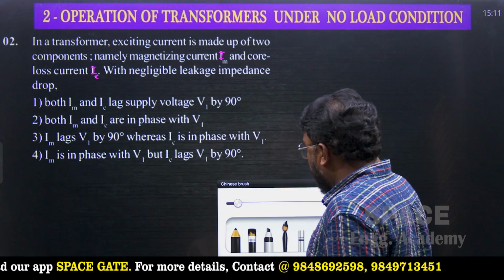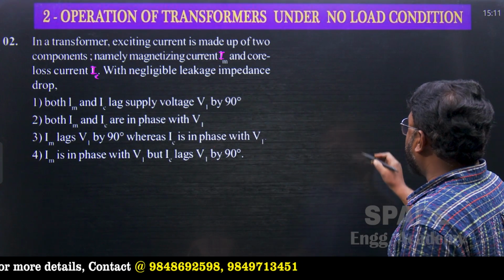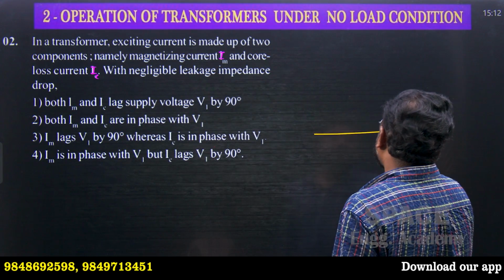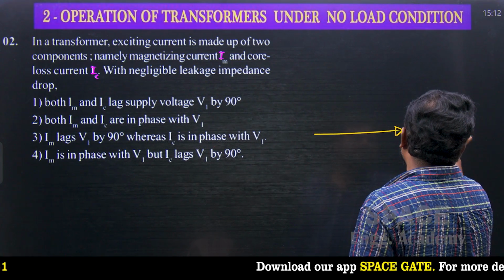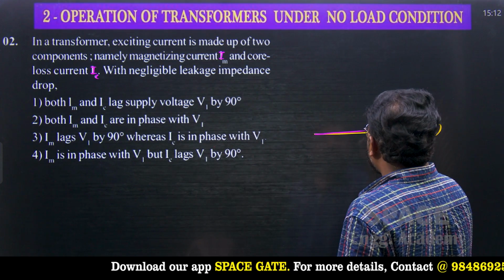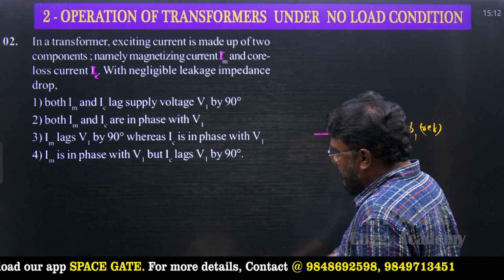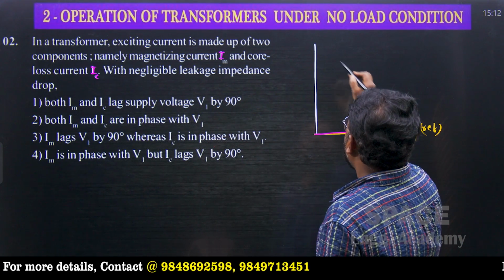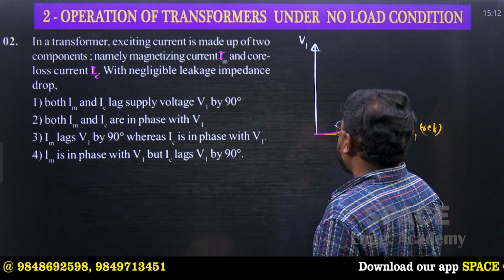This question can be answered by using a phasor diagram. Let us consider the main field flux, the primary flux, as the reference flux. Magnetizing current is always in phase with the flux. The transformer is of a purely inductive nature, so the applied voltage leads the magnetizing current by 90 degrees.